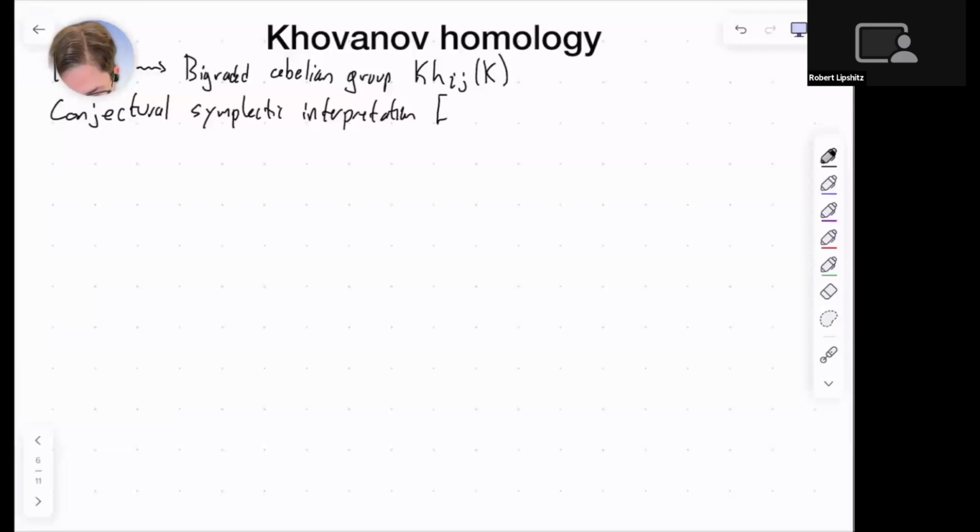Which was originally introduced by Paul Seidel and Ivan Smith in 2004-ish. And then the version I'm going to say is a little reformulation due to Lidman-Manolescu. And then the best connection we have to Khovanov homology at the moment is due to Mohammed Abouzaid and Ivan Smith.